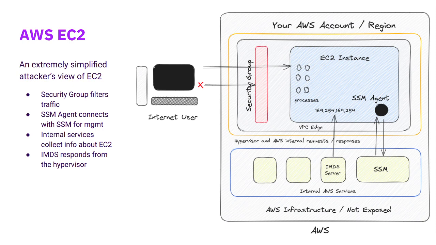There's also the IMDS, the instance metadata service, and we're going to talk about that a little bit more. But contrary to popular belief, the instance metadata service does not run on the EC2 instance. A lot of content on the internet about the IMDS talks about the IP address 169.254.169.254, the magic IP address.